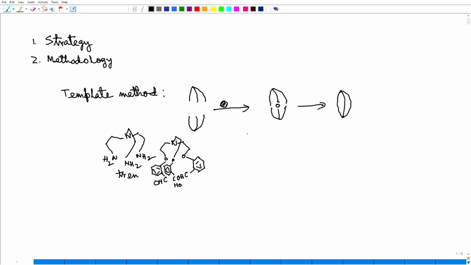We expected that this will come like this, and then it will come, let me draw like this.